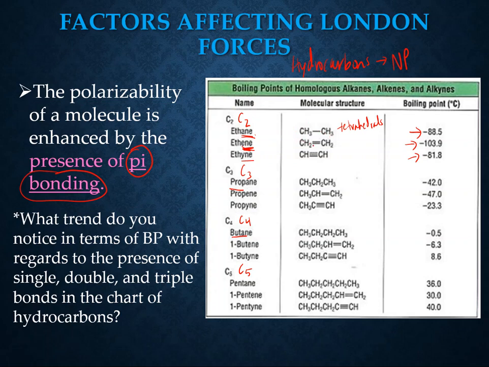If the ethene has a double bond between them, now they're going to be like 2 flat triangles, 2 planar shapes together. And then if you're looking at the ines, the triple bond makes it completely linear. Okay, straight linear chain there. How does that affect the boiling point over here?